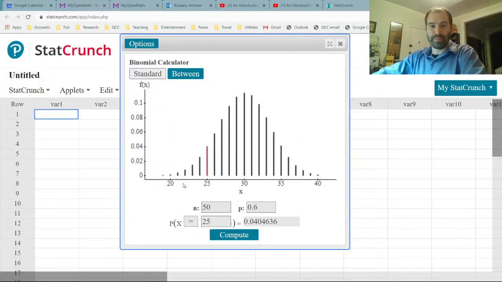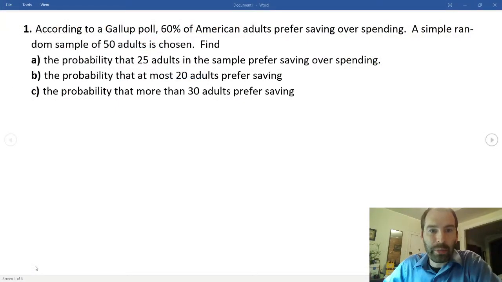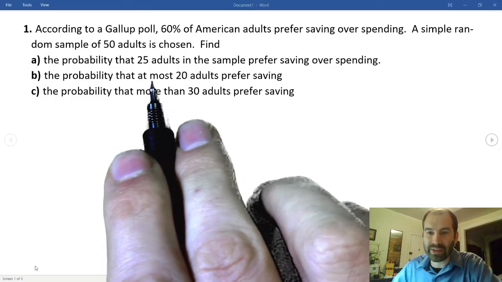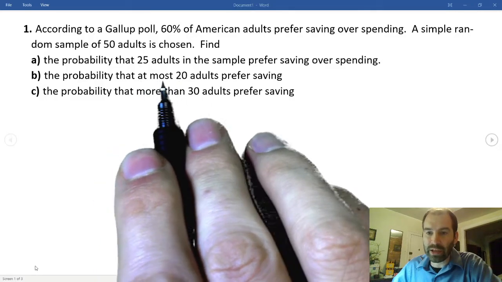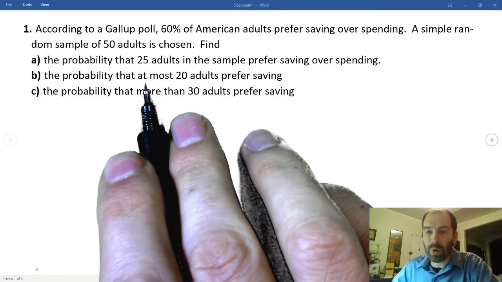Let's look at the next one. So our next one is, what's the probability that at most 20 adults prefer saving? At most 20. Now, this is where you're going to have to practice interpreting English words into mathematical expressions. What does at most mean?